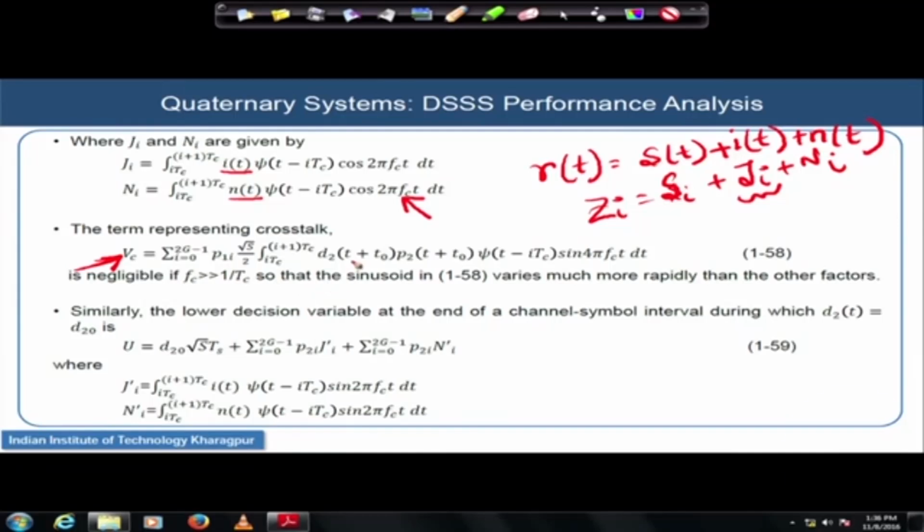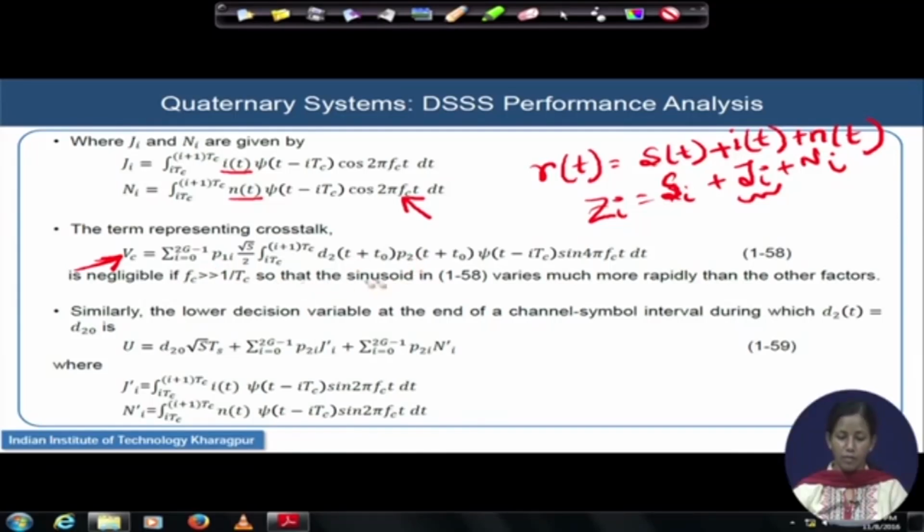So, there may be an influence if the choice of the codes is such that they have some interference or overlapping during the dispreading procedure.